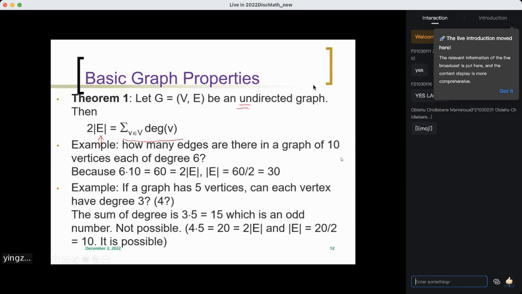It is just to say that we have 10 nodes, and for each of the nodes, its degree is the same, which is 6.